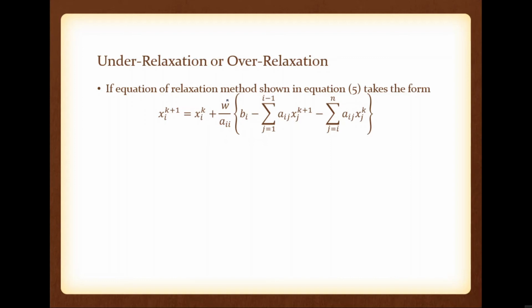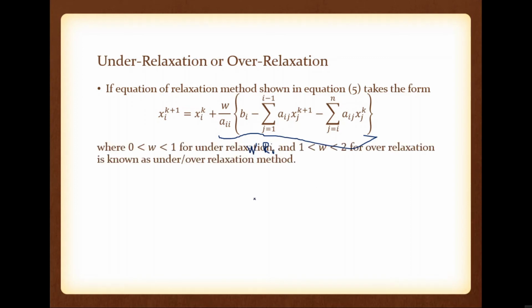So this is the difference. Instead of lambda, here w is used. So x_i^(k+1) is equal to x_i^k plus, without w, this is nothing but ri. Okay. So that ri is multiplied with the w, that is shown here.